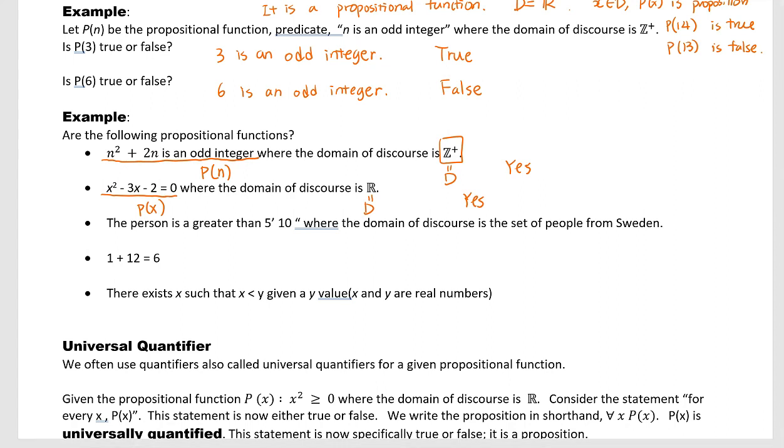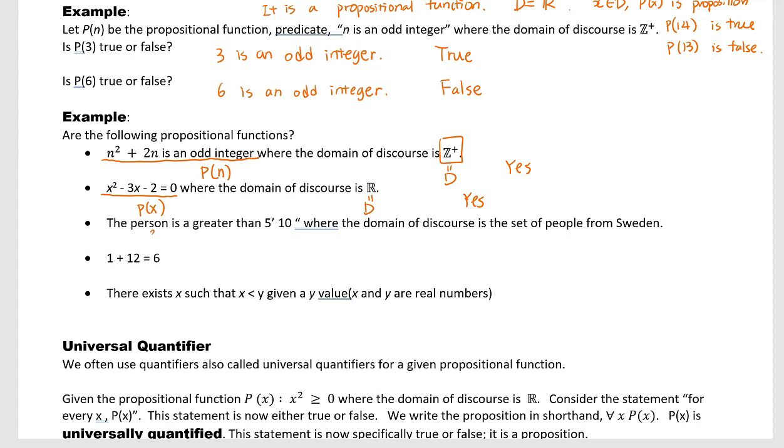Next, the person is greater than 5 feet 10 inches, where the domain is the set of people from Sweden. Okay, this is a propositional function, yes, because we don't know who the person is.